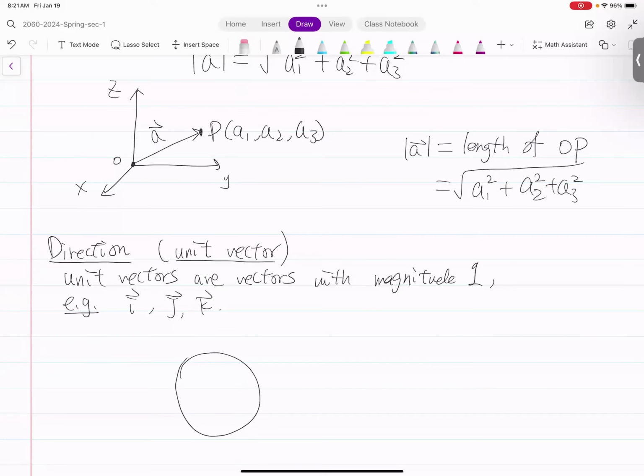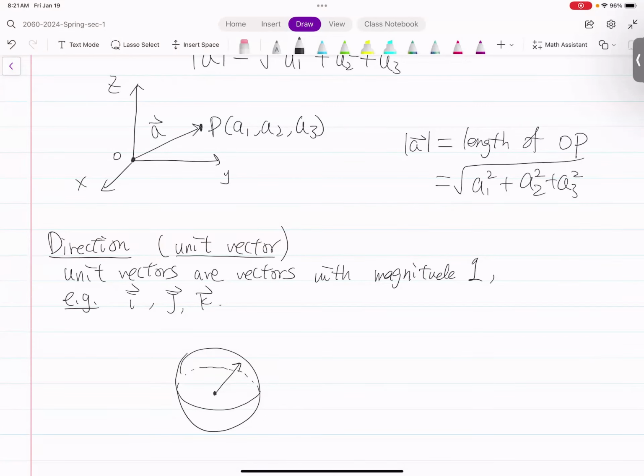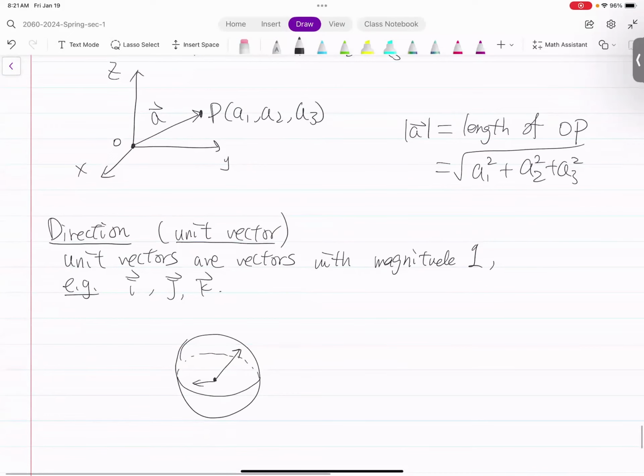So actually, this is infinitely many of those. For the unit sphere with the center at the origin, for whatever vector that you draw where your head is on the sphere, that's going to be a unit vector. So unit vectors can be used to describe directions.